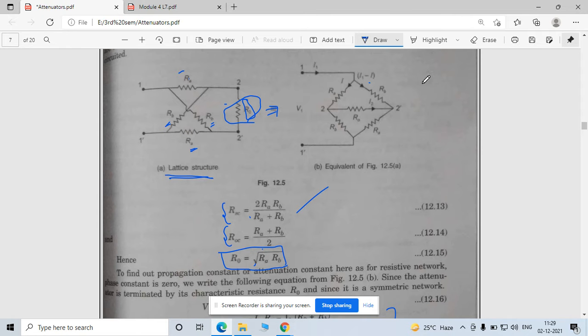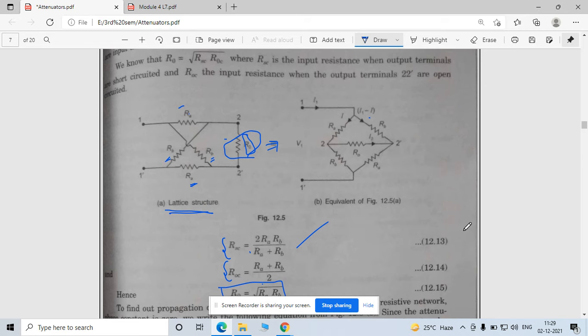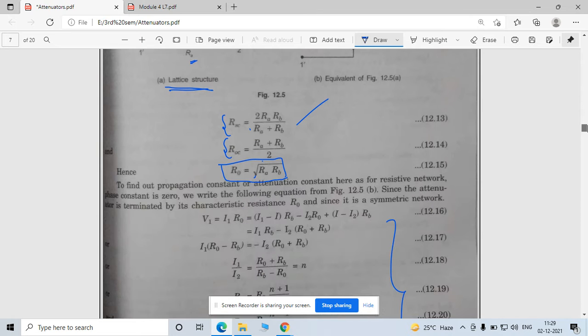See, the total current flowing in this circuit is I1, right? So the current divides from this node into two sections. This I1 is flowing through this RA, and I1 minus I is flowing through this RB resistance.